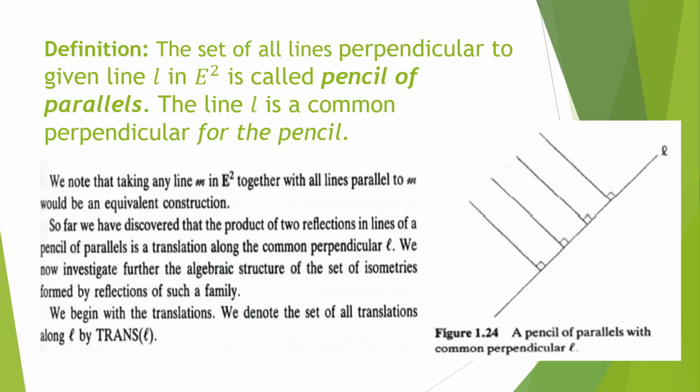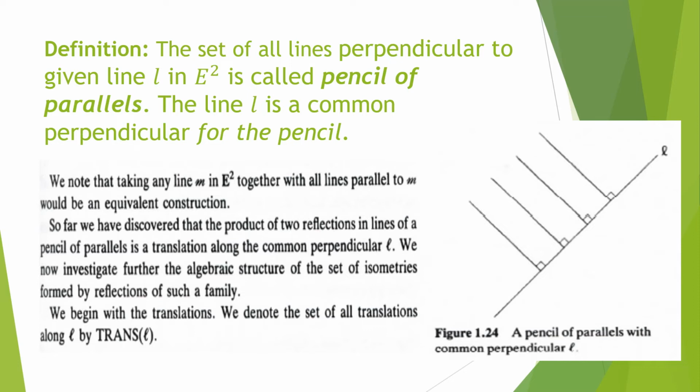equivalent construction. So far, we have discovered that the product of two reflections in lines of a pencil of parallels is a translation along the common perpendicular line L. We now investigate further the algebraic structure of the set of isometries formed by reflections of such a family.